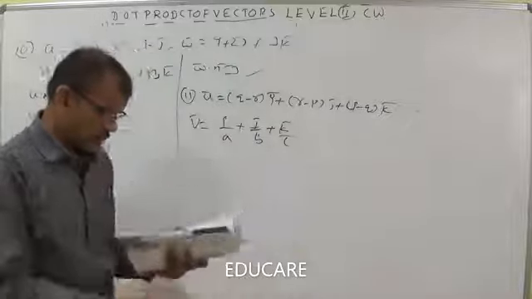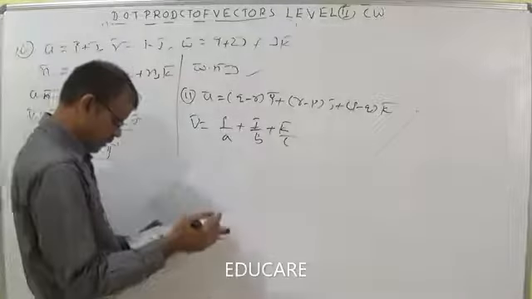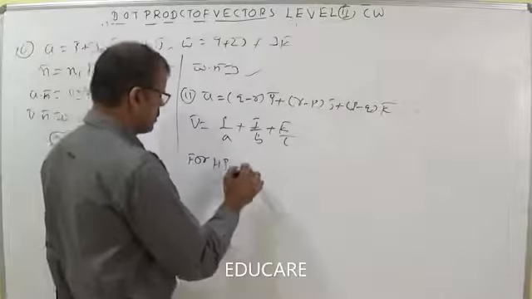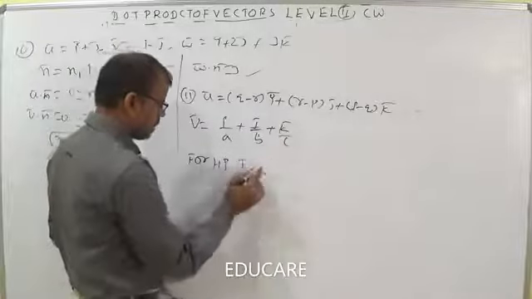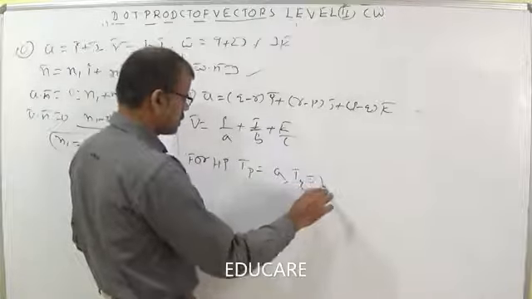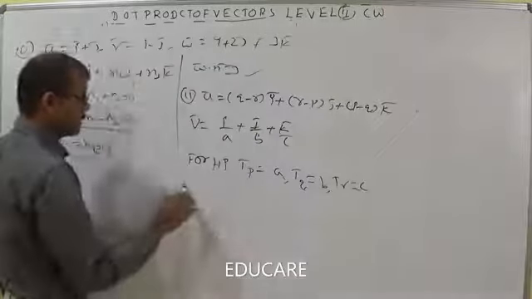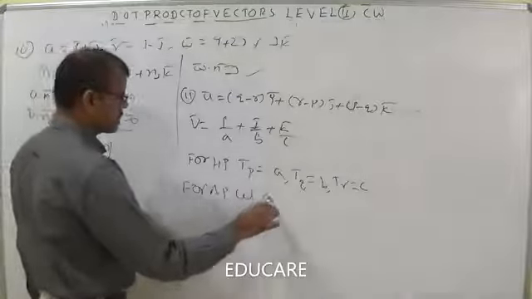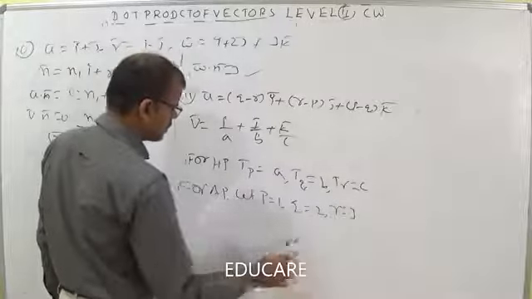Then according to the options we should verify. The condition: A, B, C are the pth, qth, rth terms of an HP, harmonic progression. TP is equal to A, TQ is equal to B, TR is equal to C. For AP I am writing, let P is equal to 1, the first term, Q is equal to 2, the second term, R is equal to 3, the third term.